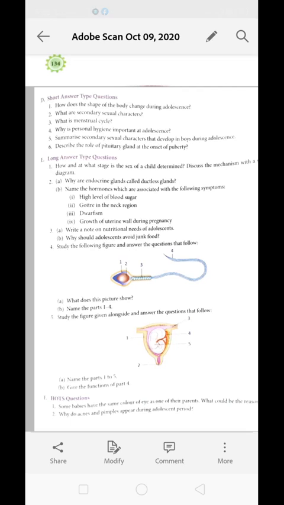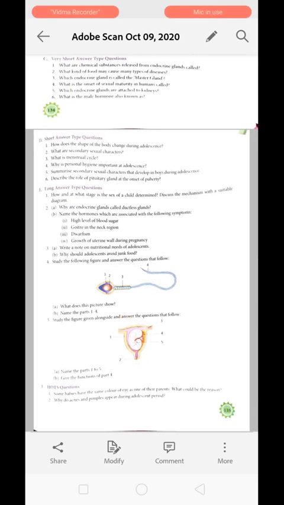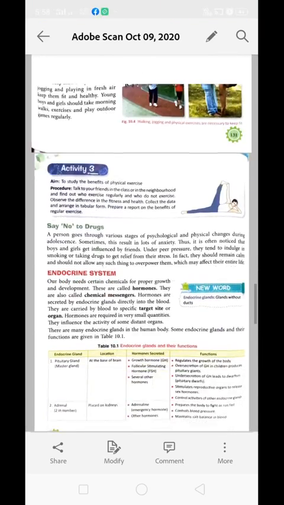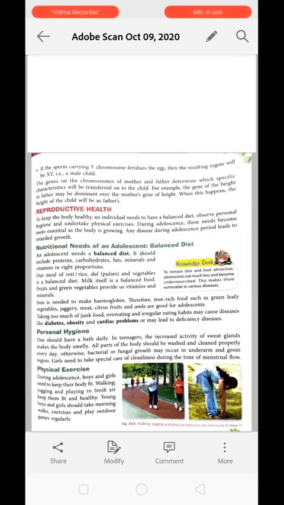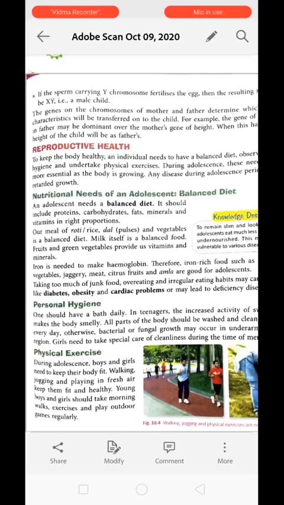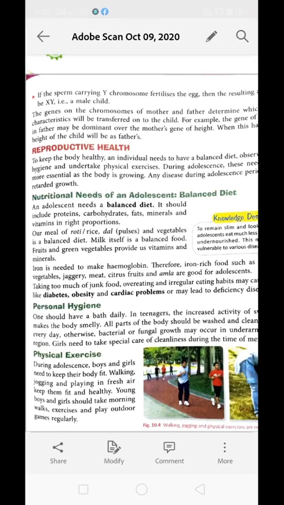Why is personal hygiene important in adolescence? It is given on page number 131. You will write it from here. One should have a bath daily in the teenage years.